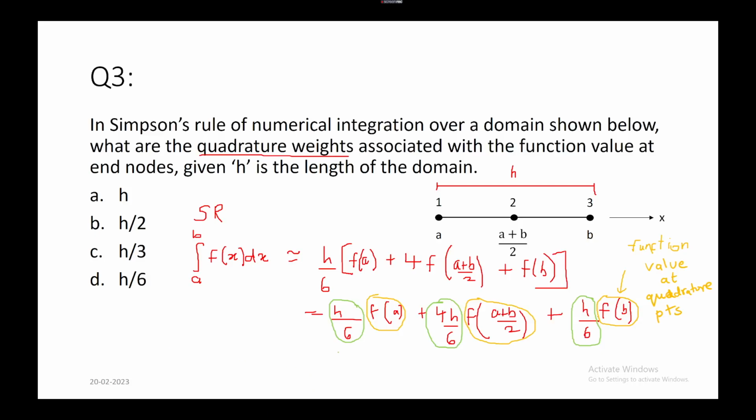These coefficients are called quadrature weights. So: function values at quadrature points and quadrature weights.